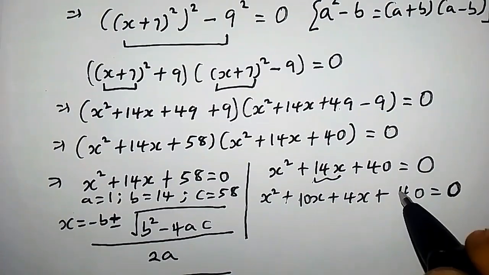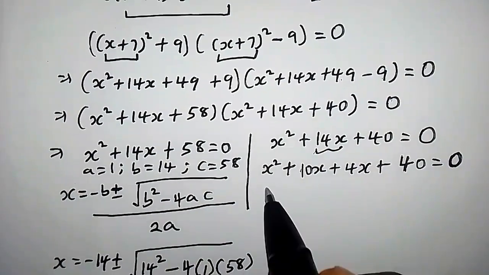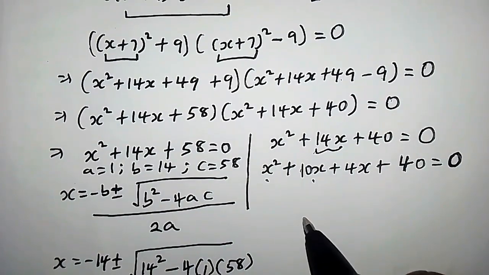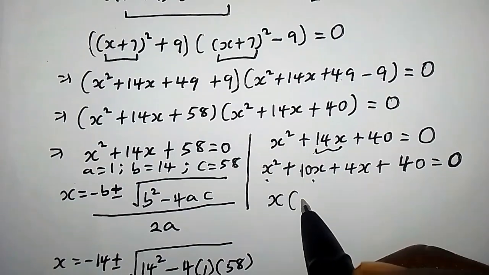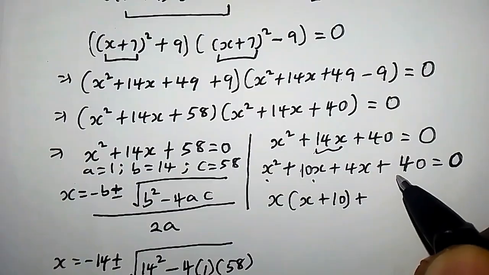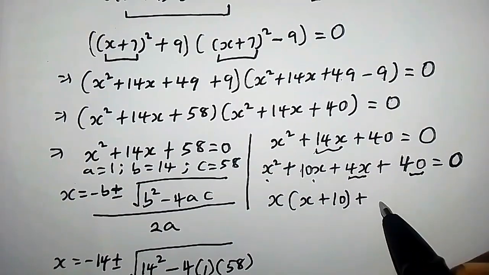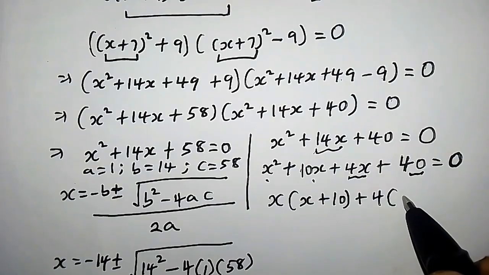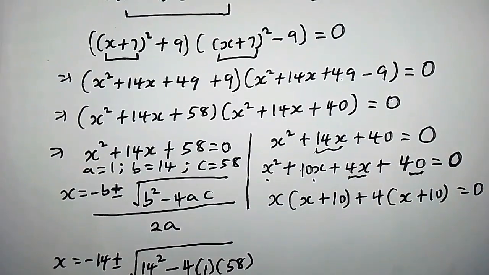From the first two terms, I can factor out x, so that will be x times (x + 10), plus, from the last two terms, I can factor out 4, so that will be 4 times (x + 10) equal to 0.